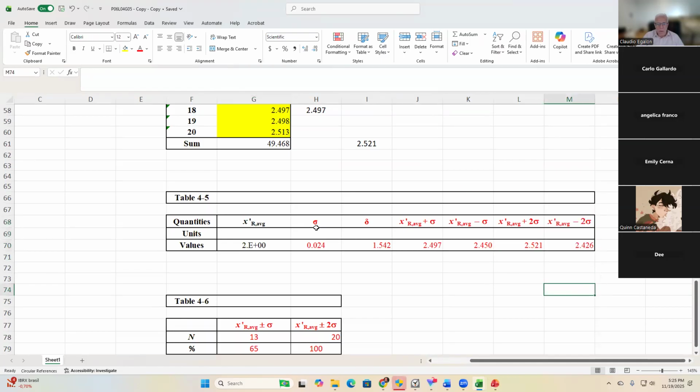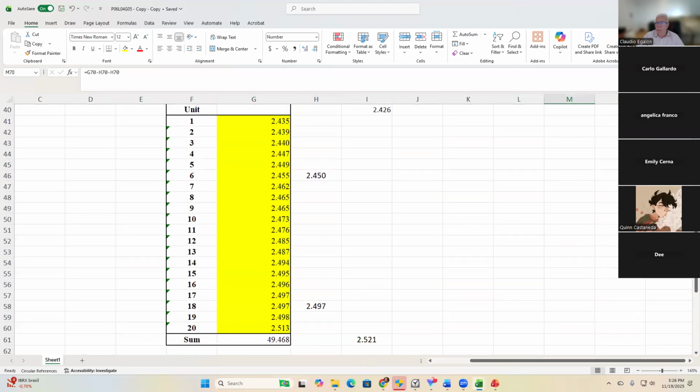See, it already calculated your sigma, which is your standard deviation, and the spreadsheet already calculated everything for you. In my case, the x average minus 2 sigmas was 2.426. It's already calculated. Don't forget that there must be units here, right?